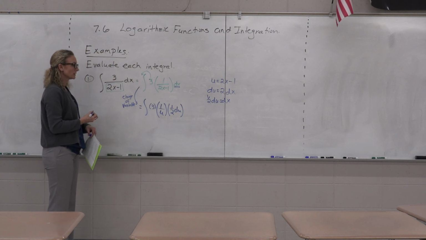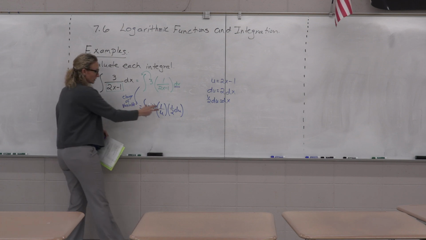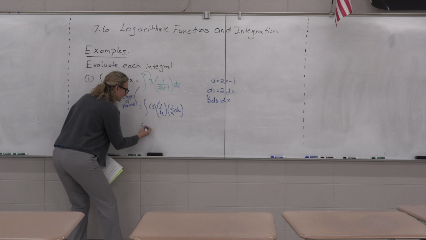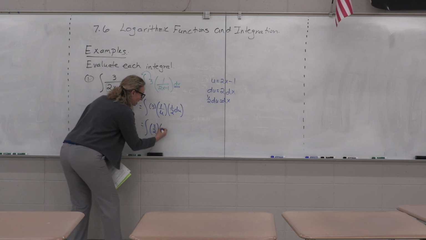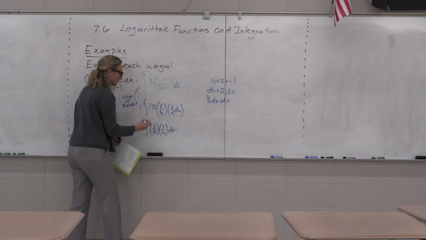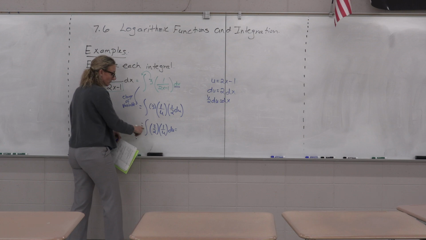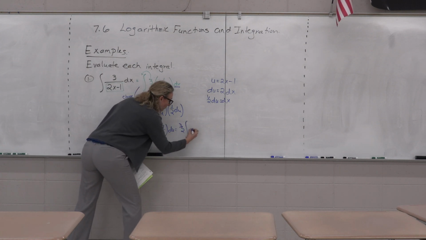So there's the replacing of the variables with the u. Okay, I'm just going to multiply these together to make that coefficient of 3/2 times 1 over u du. So the antiderivative, thinking of the 3/2 out front, again, if you want to write it like that, go for it.